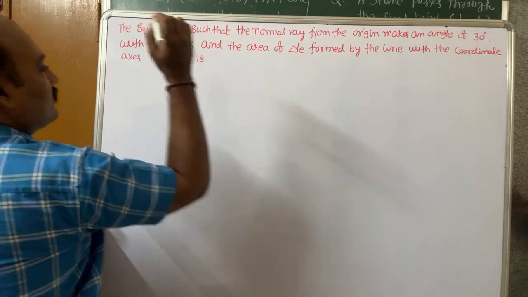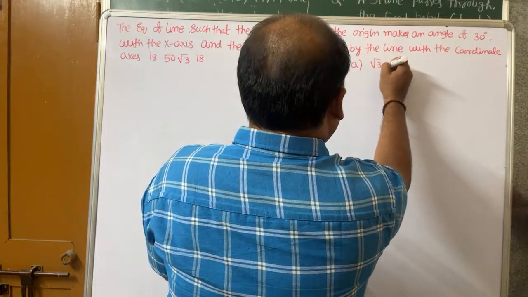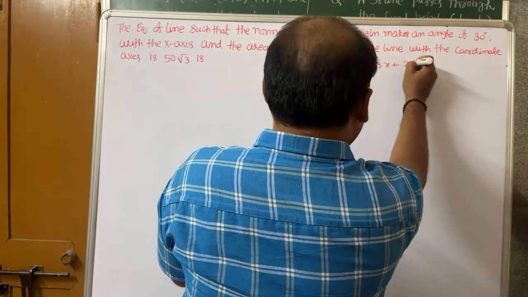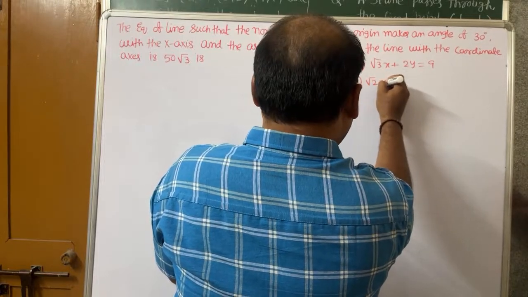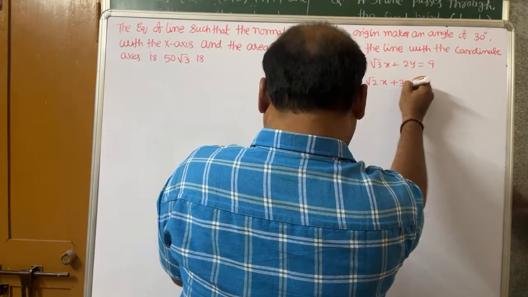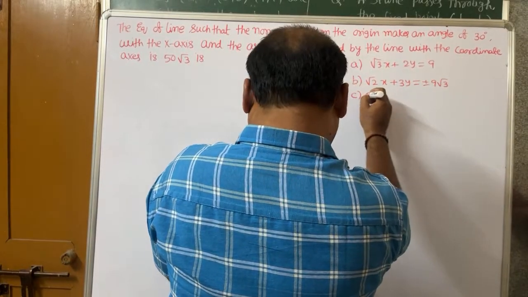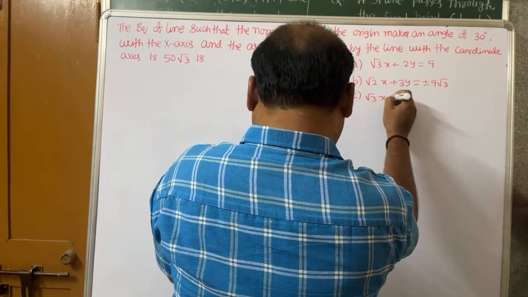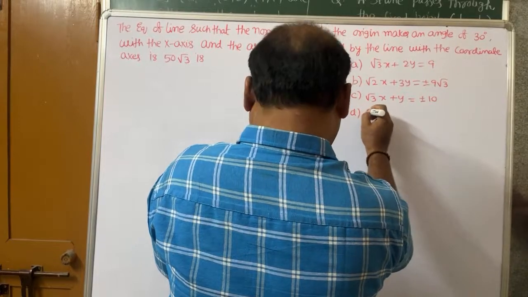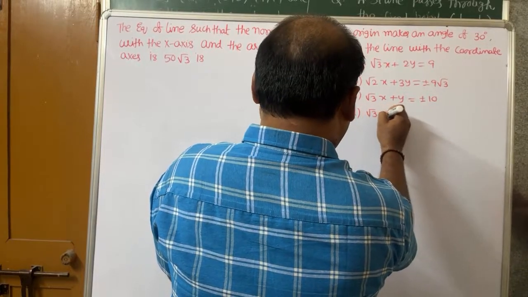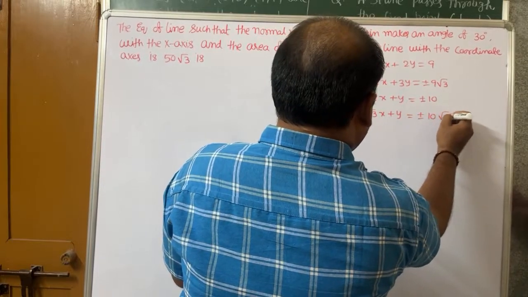So options: first option, root 3x plus 2y equal to 9; second option, root 2x plus 3y equal to plus or minus 9 root 3; root 3x plus y equal to plus or minus 10; root 3x plus y equal to plus or minus 10 root 3.